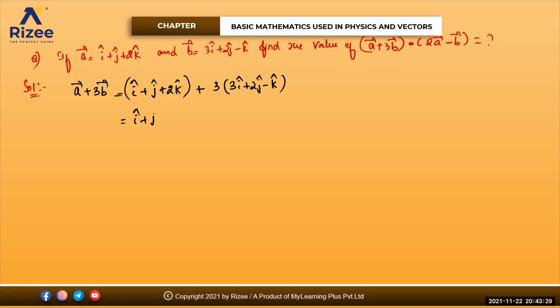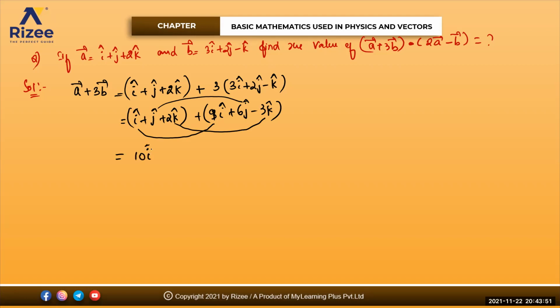This will be i cap plus j cap plus 2k cap plus 3 3s are 9 i cap plus 3 2s are 6 j cap minus 3k cap. Now i cap and i cap you can add, j cap and j cap you can add, k cap and k cap you can add. i plus 9i, that will become 10i, plus j plus 6j, that will be 7j. Then plus 2 minus 3k, that will be minus k. So this is the value of a bar plus 3b bar.